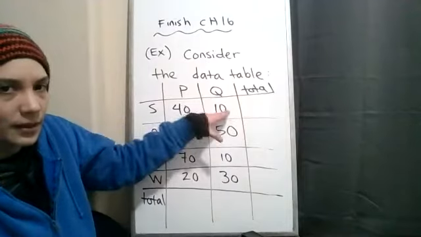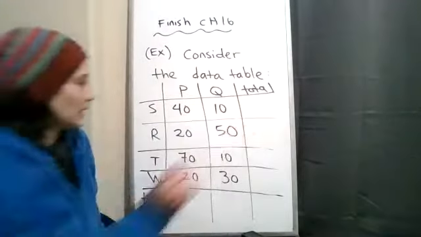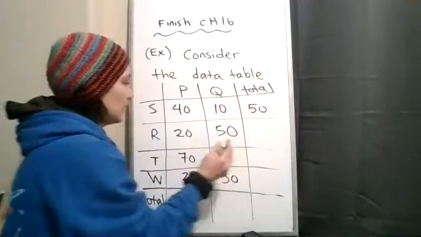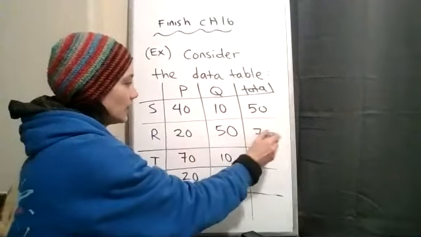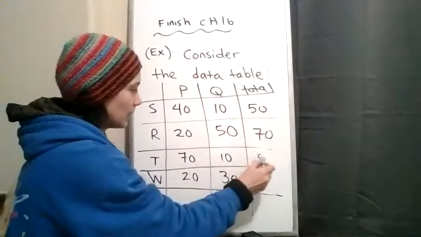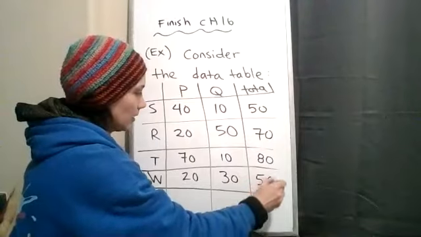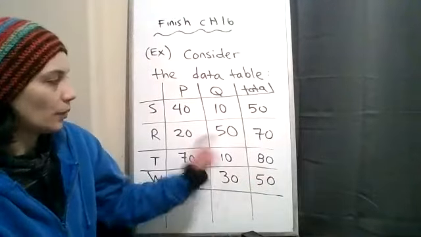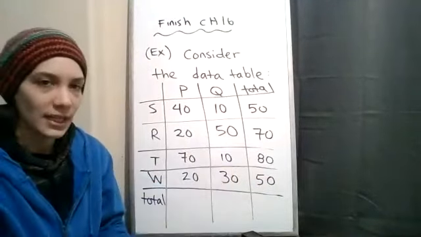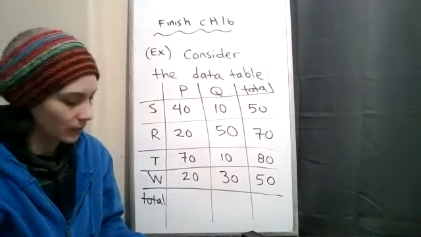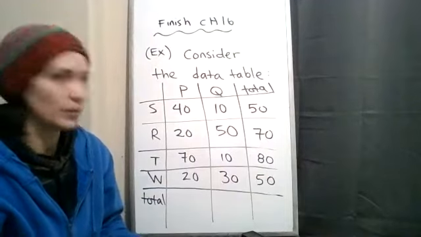So that would be 50 total right there. 70, 80, 50. Let's see, that's 180, 90, 200, and then we've got 5 more, so 250.